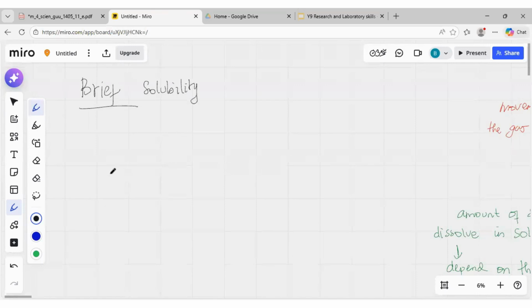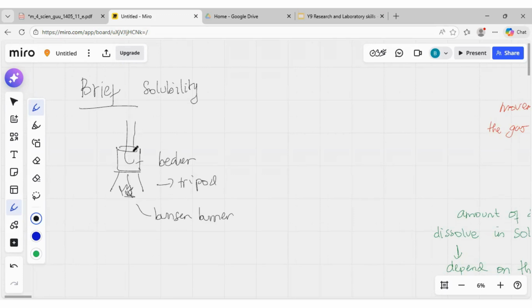For solubility, you can prepare a tripod, and then you need to have a beaker, and you have to heat this beaker. So this is the beaker, and then you have the tripod, and then the Bunsen burner. Now, for the sample, you can place them inside what we call a boiling tube.